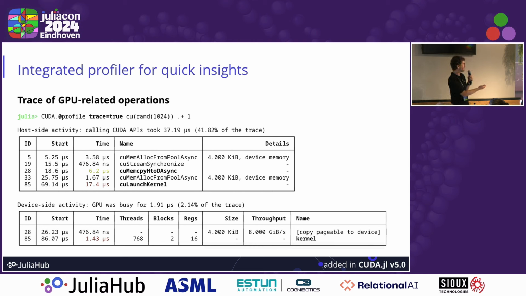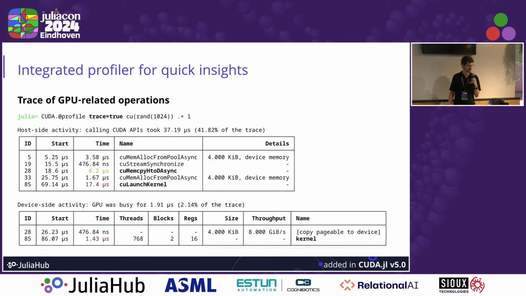So again, on the device side activity, we can, for example, show what the launch configuration of the kernel was, how many registers were used. In the case of the copy, we can show how much memory was copied, how quickly that copy went, the throughput of it, and so on and so forth. Again, this can be very useful for optimization, but this can also be useful to just get some insights on how an operation or how an application works behind the scenes.